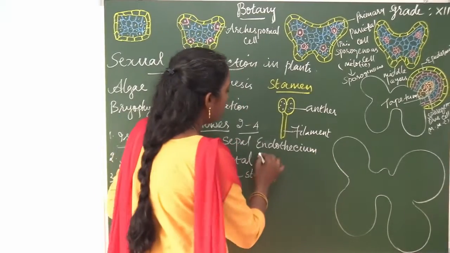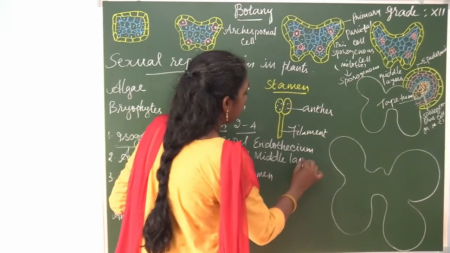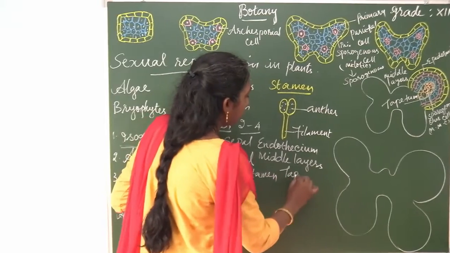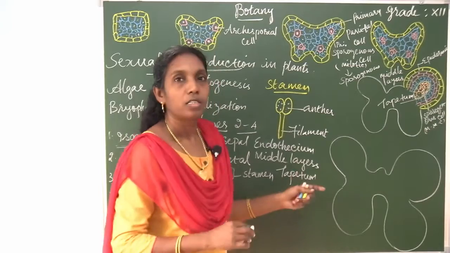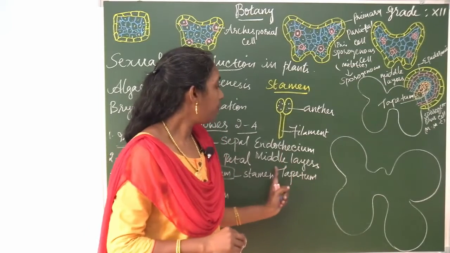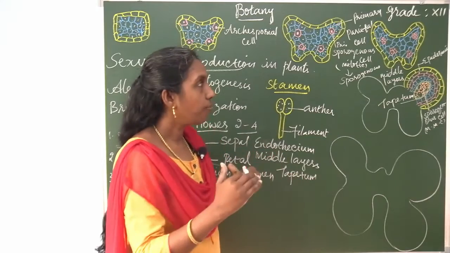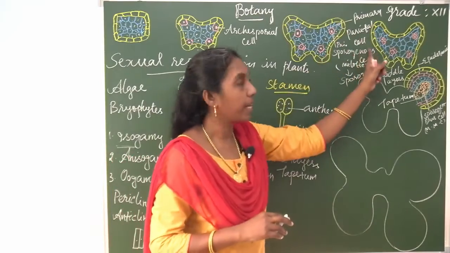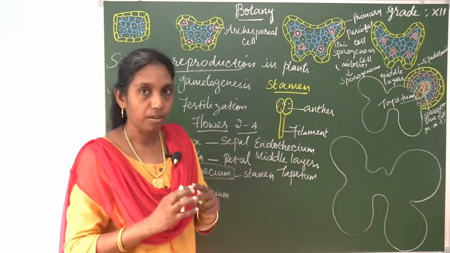Inner to the endothecium, it forms middle layers, and the tapetum. So the endothecium, middle layers and tapetum are formed. 2 to 4 layers are formed from the primary parietal cell. From the primary parietal cell, the wall layers are formed.